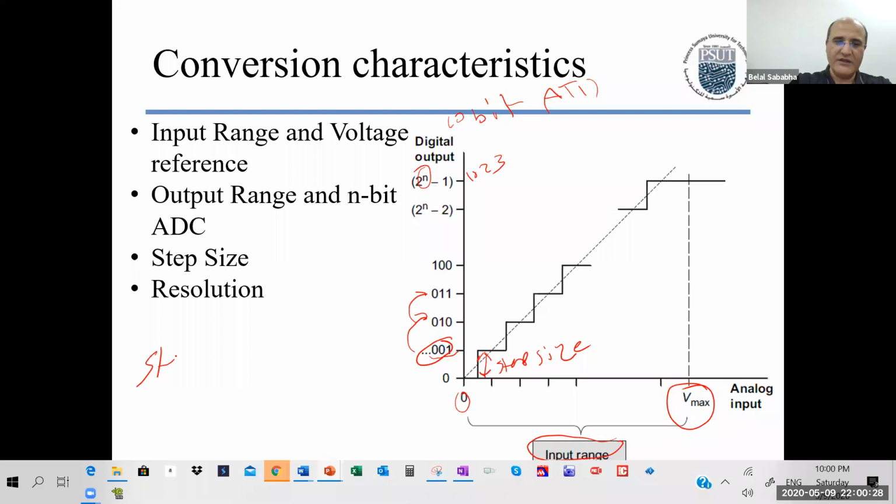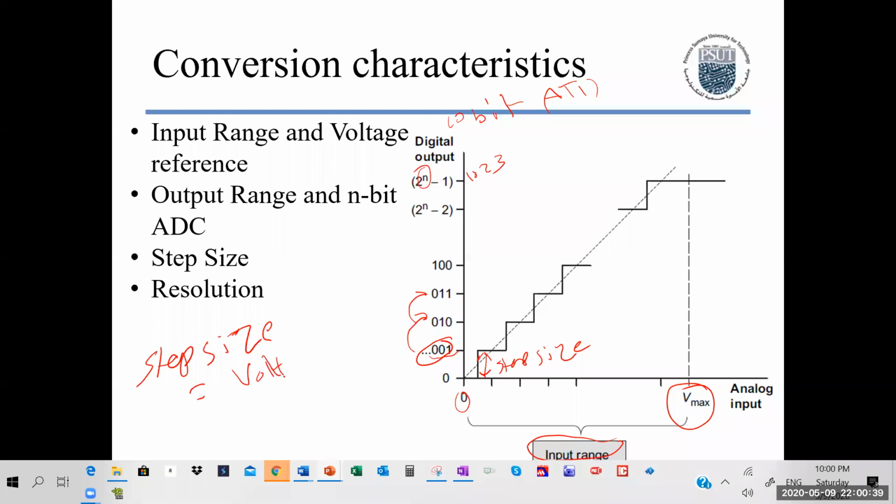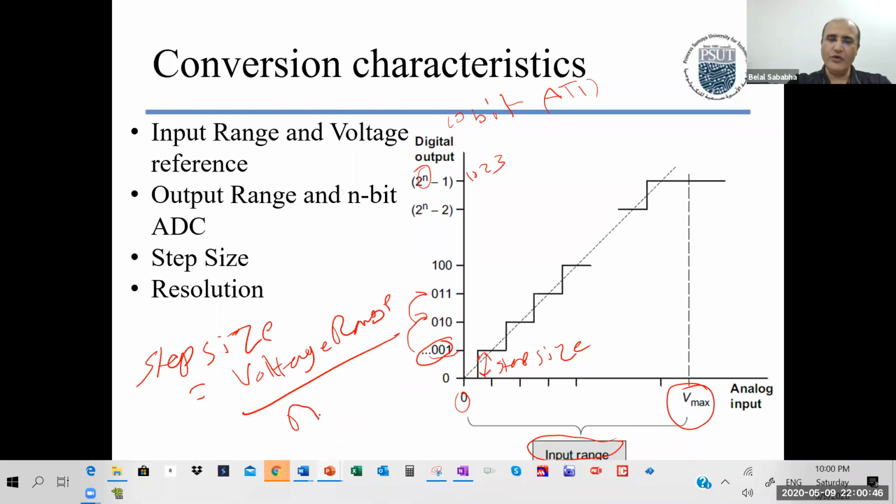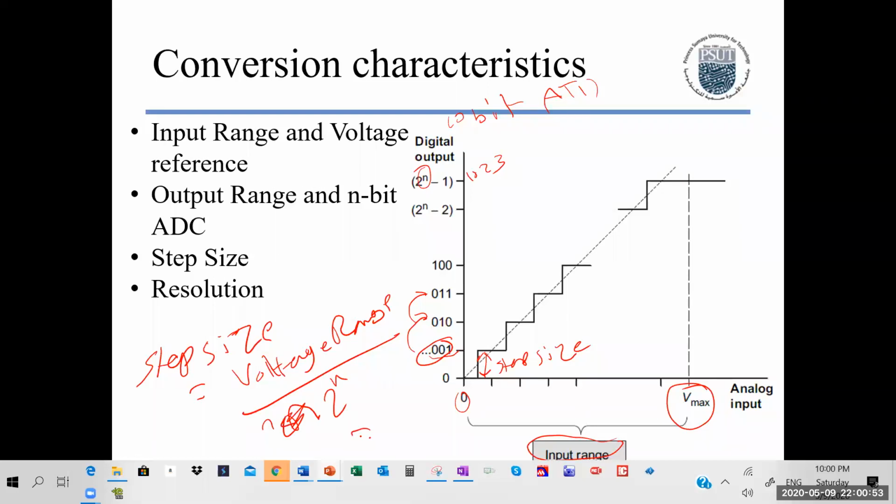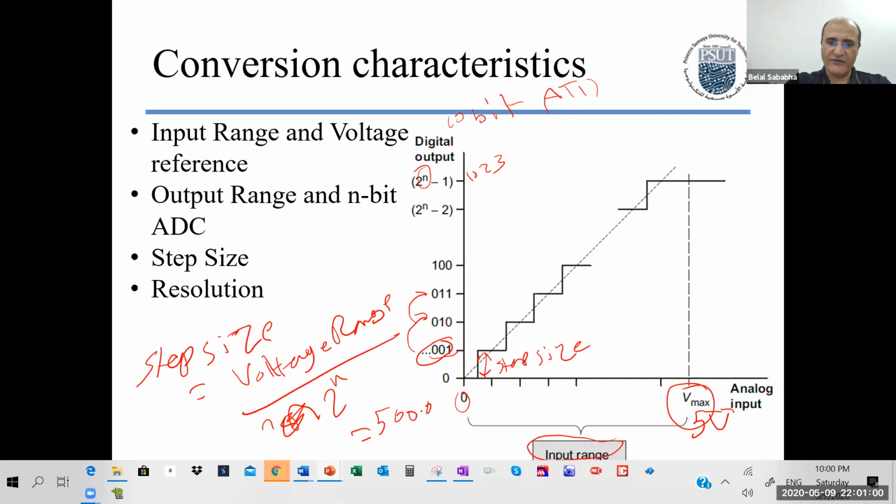And we said it is computed like this: step size equals voltage range divided by the number of levels, which is 2 to the power n. In this case, if the max voltage was 5 volts, then it is 5000 millivolts divided by 2 to the power 10, which is 1024, and it equals 4.88 millivolts. So the step size to move from one reading to another is 4.88 millivolts.